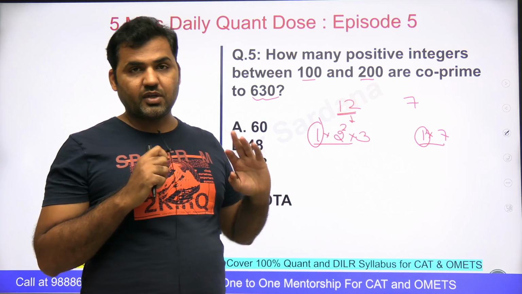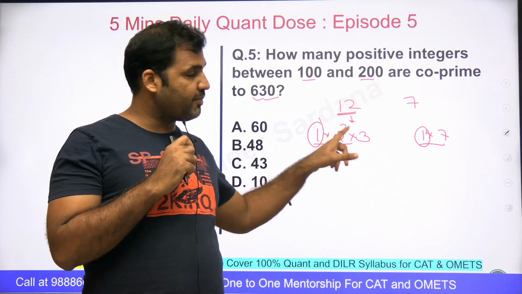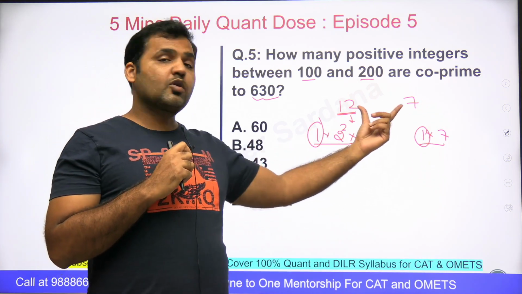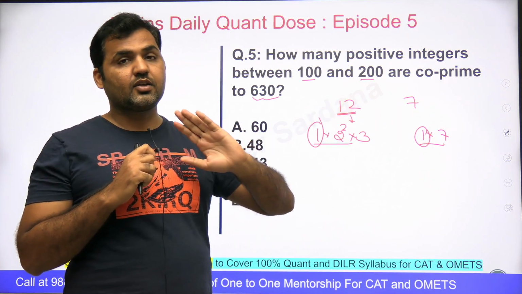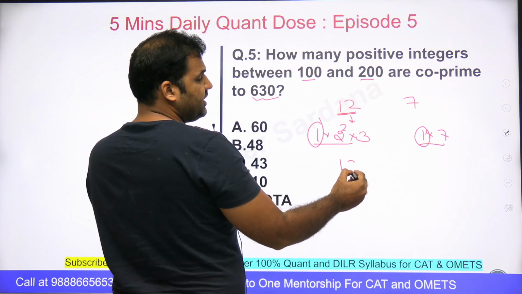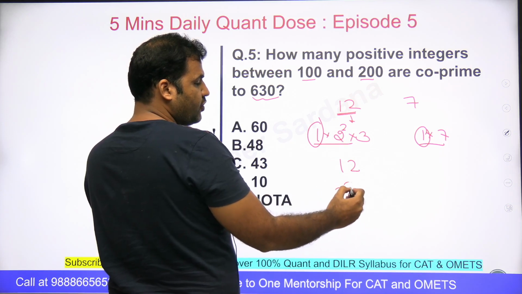Co-prime has nothing to do with prime numbers. The definition is that pairs of numbers should have nothing in common except 1. So is it necessary that one of the two is prime? Two composite numbers can also be co-prime. For example, 12 is a composite number made of 2 and 3.